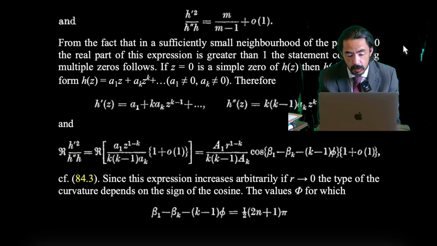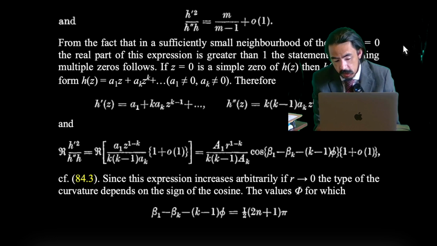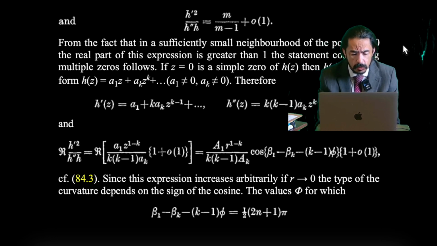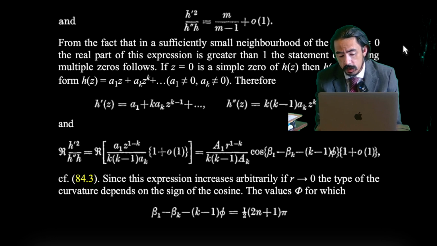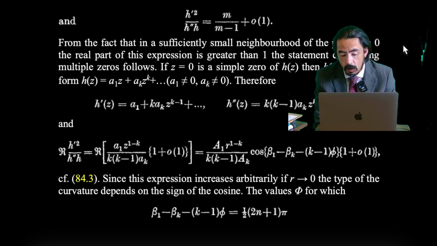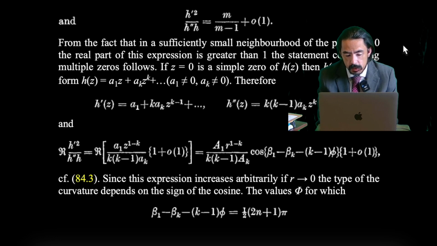And the real component of h prime squared over h double prime times h is equal to the real component of a fraction where we have a numerator of a sub 1 times z to the 1 minus k all over a denominator of k times quantity k minus 1 closed quantity times a sub k times quantity 1 plus small o of 1 close all quantities. This is equal to a fraction with a numerator of capital A sub 1 times r to the 1 minus k all over a denominator of k times k minus 1 closed quantity times capital A sub k.